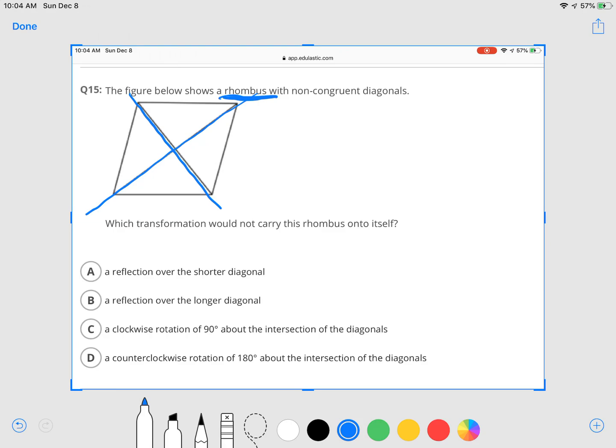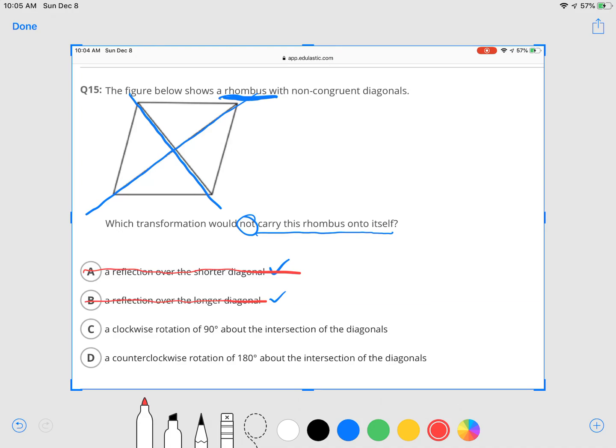This one's asking which transformation would not carry the rhombus back onto itself. Reflection over the shorter diagonal would work, so it doesn't answer the question, so let's scratch that out. A reflection over the longer diagonal would also work, so let's cross it out.